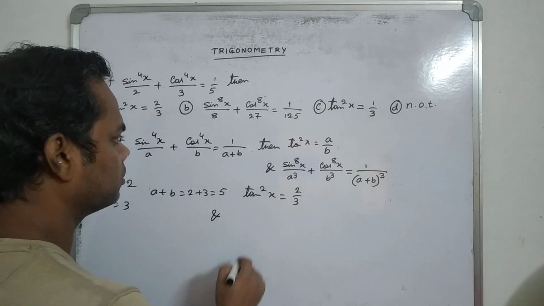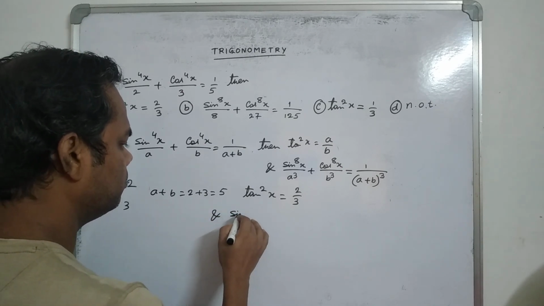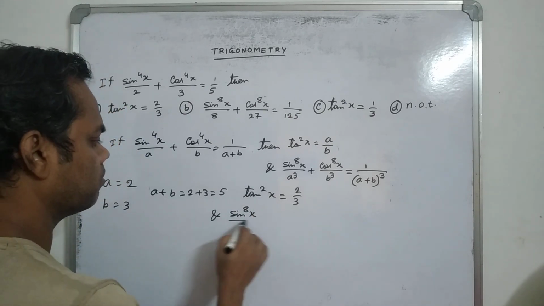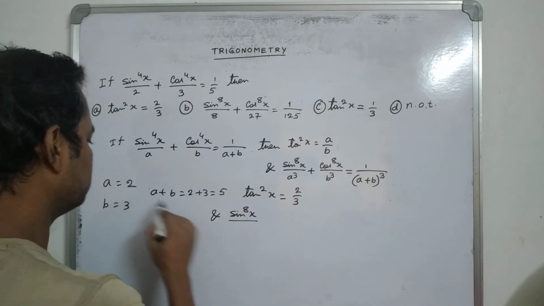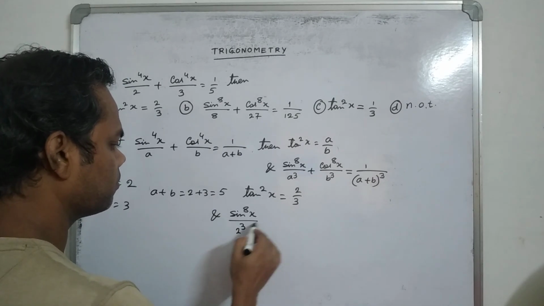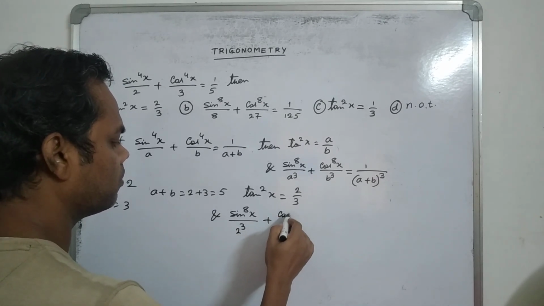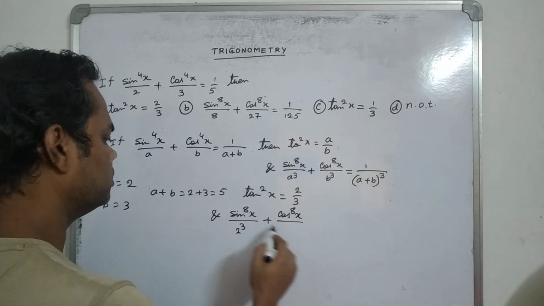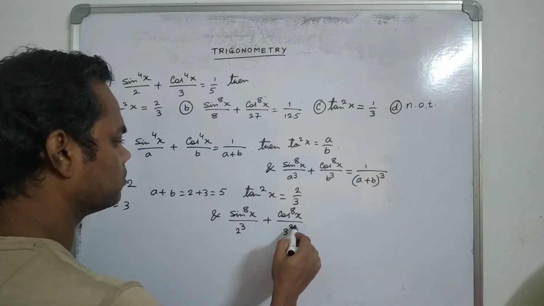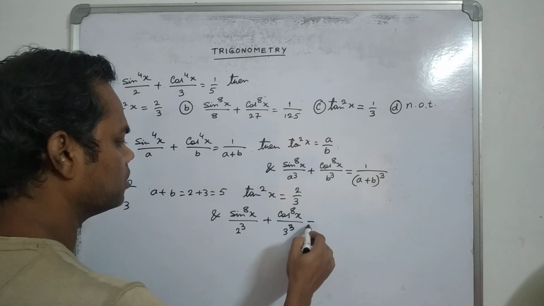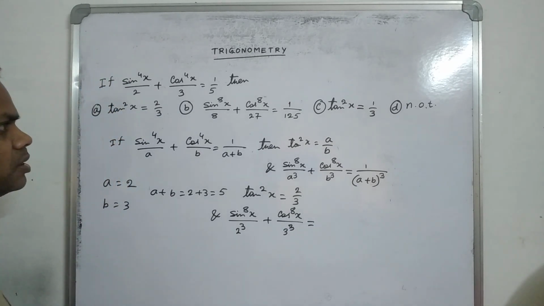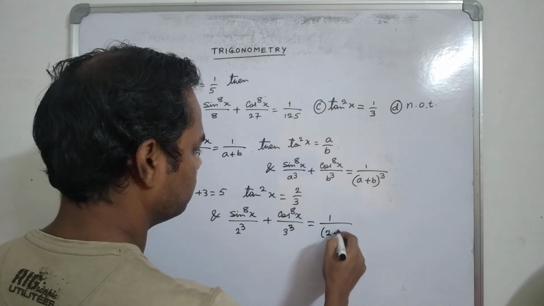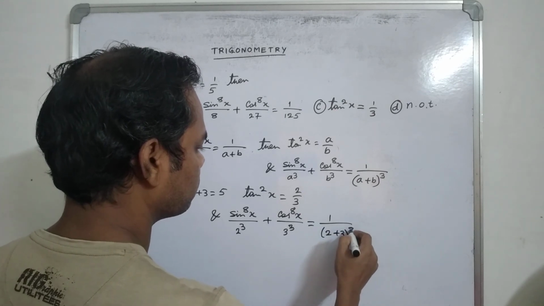and sin to the power 8x by a cube, that is 2 cube, plus cos to the power 8x by b cube, that is 3 cube, is equal to 1 by a plus b whole cube, that is 1 by 2 plus 3 whole cube.